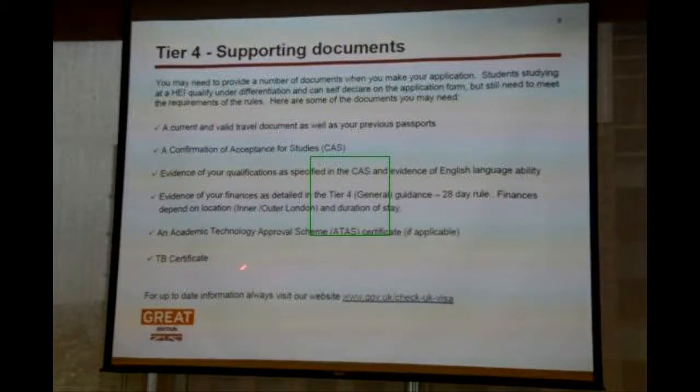And finally, the TB certificate, which you will need to provide with the application. Okay. So I think, as you can see, it's relatively straightforward. All you're going to need is a passport, the application form, the confirmation of acceptance for study, and a TB certificate. It's very, very easy. Okay.